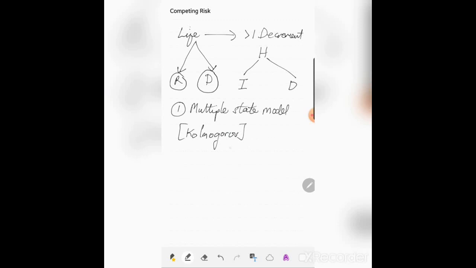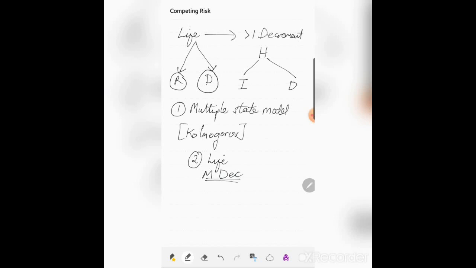And two, just like the life table approach for an individual life, we look at a multiple decrement table for these competing risks.